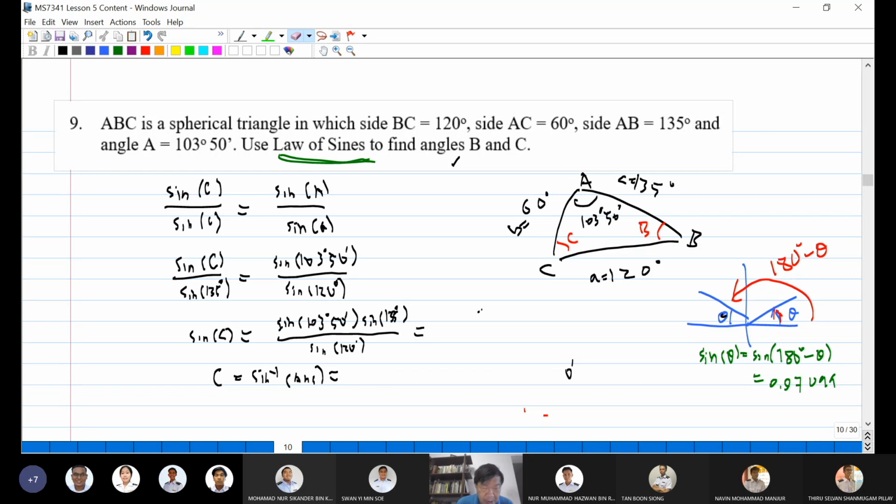Okay, this is 0.79. So C is the sine inverse of this answer, (52 degrees 27 minutes).